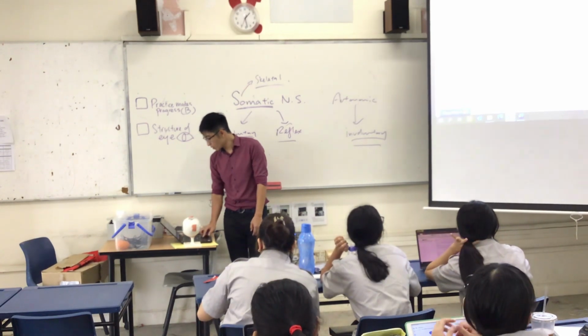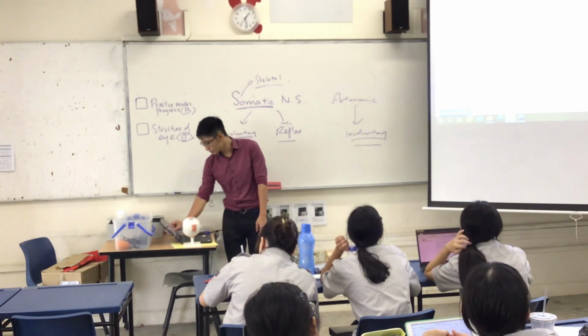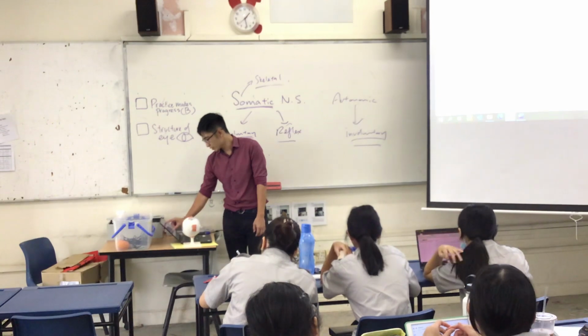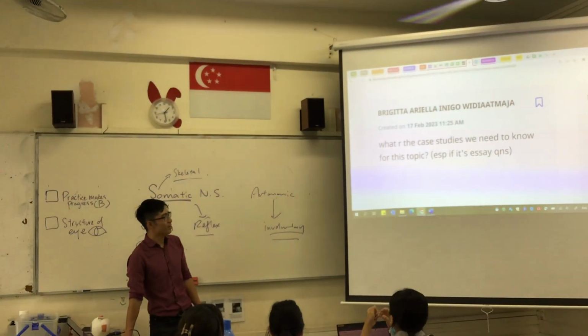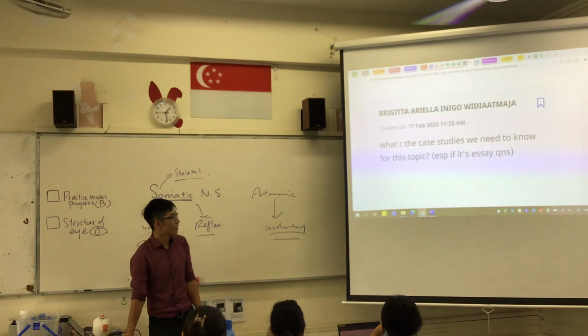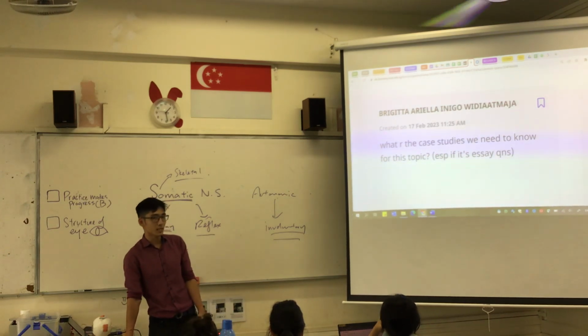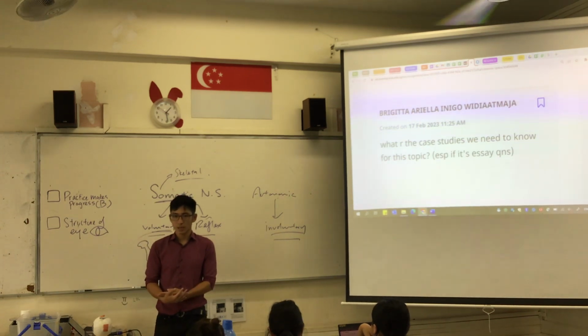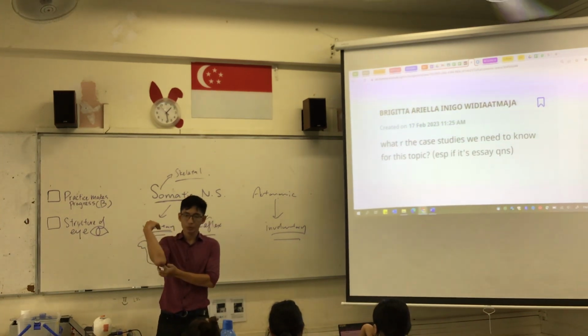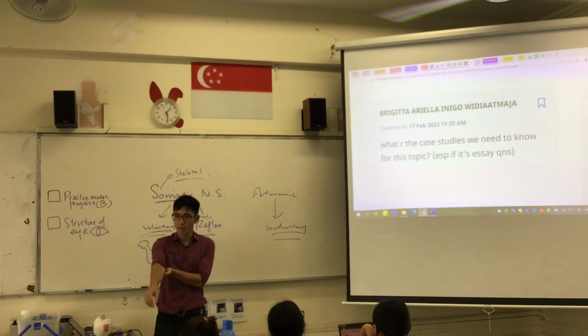Okay. Any questions on the ground? Ella, what are the case studies we need to know for this topic, especially if it's essay questions? There are two case studies of neural circuits for reflexes. The two case studies are the withdrawal reflex, number one.